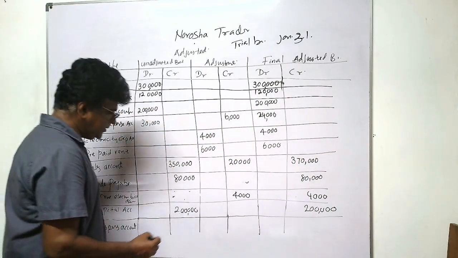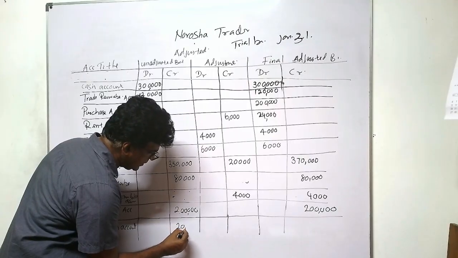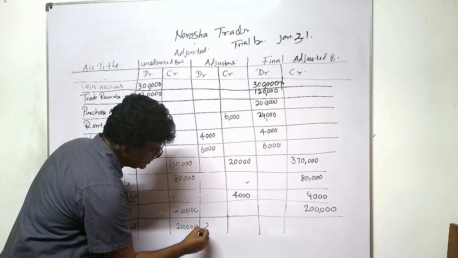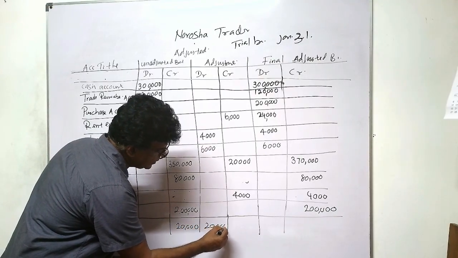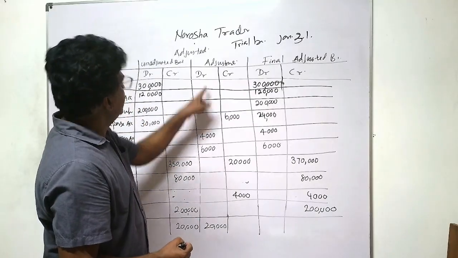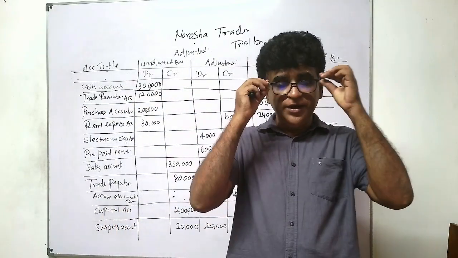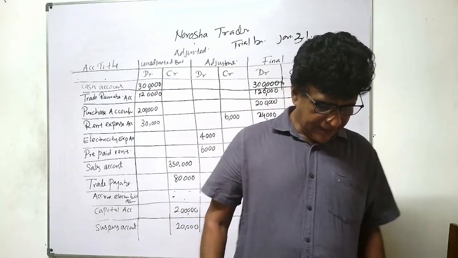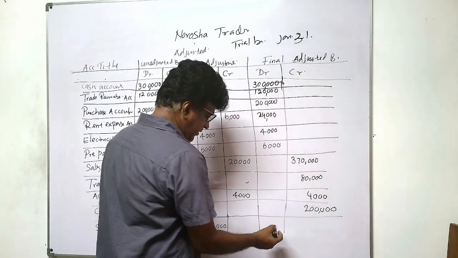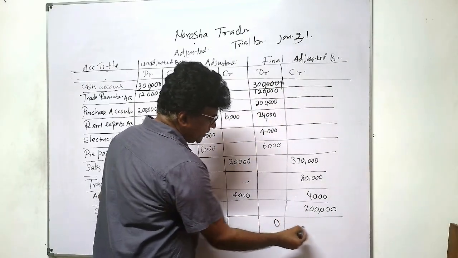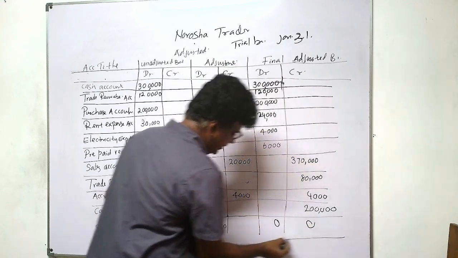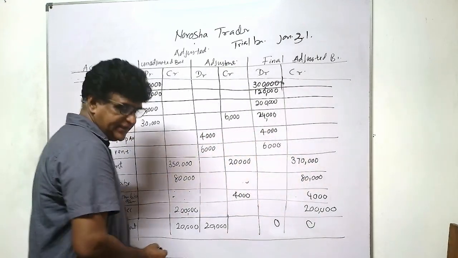Suspense account, 20,000. In the adjustment column, we are debiting the suspense account. Now that is closed, right?